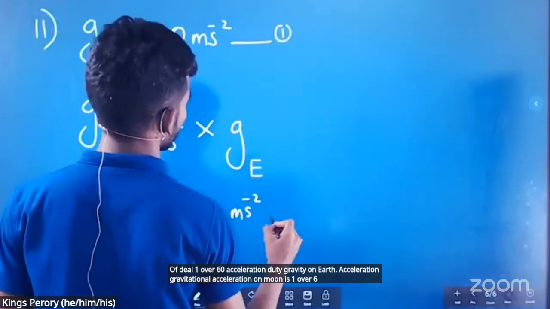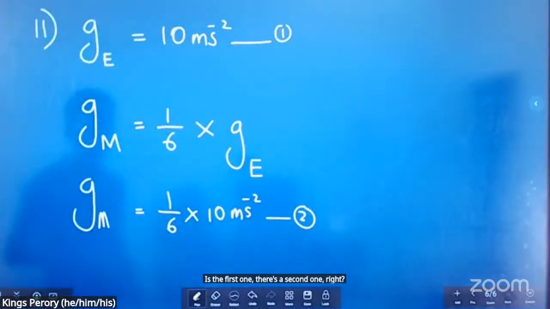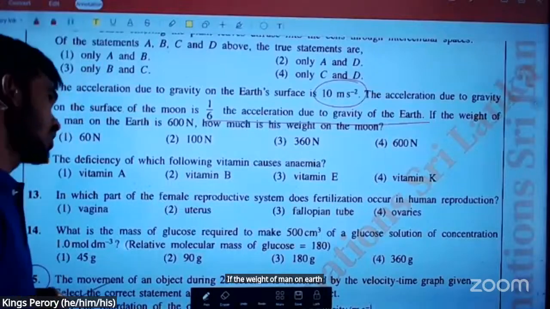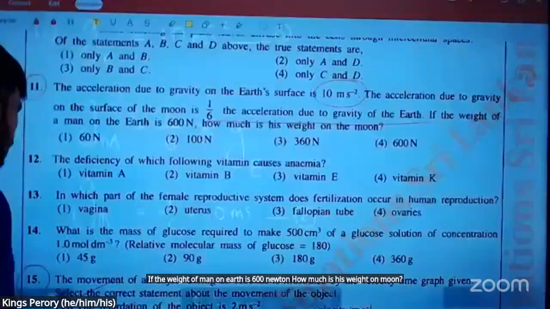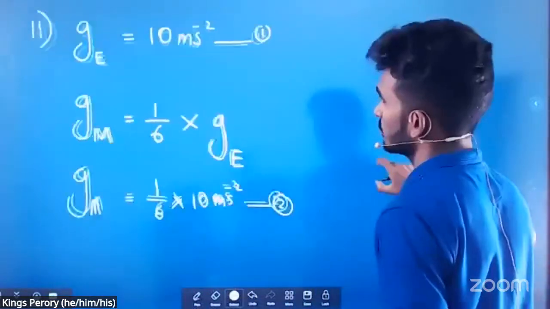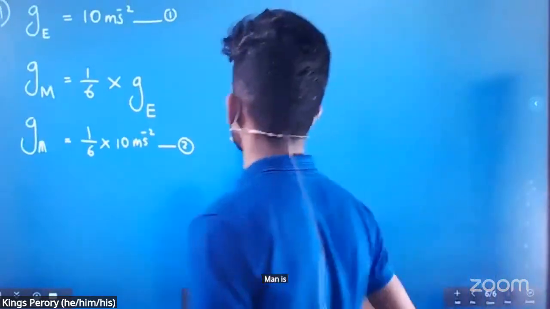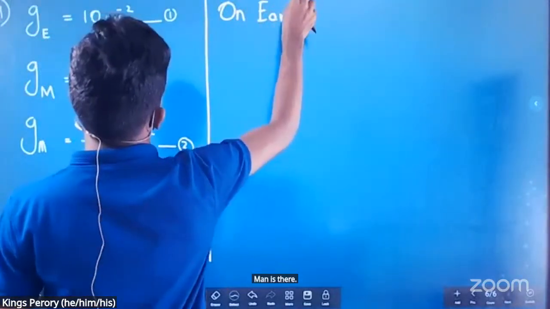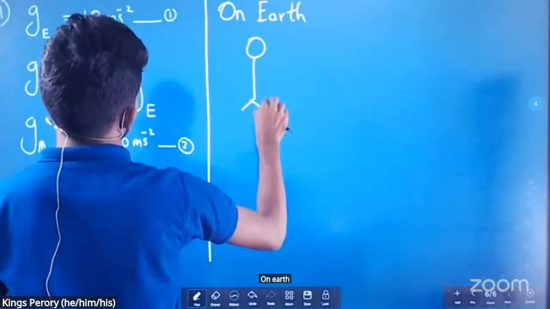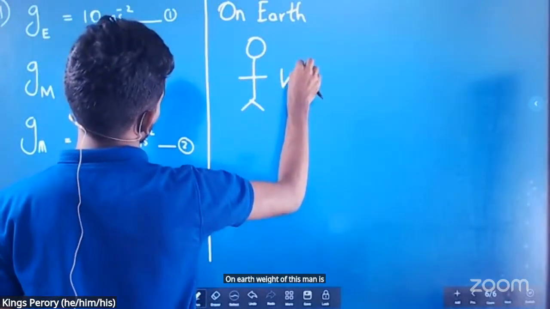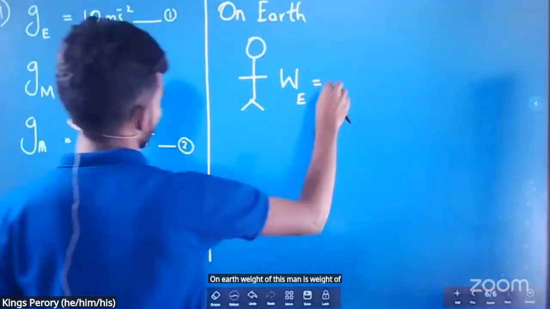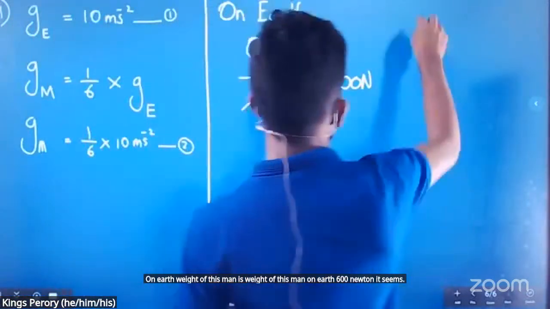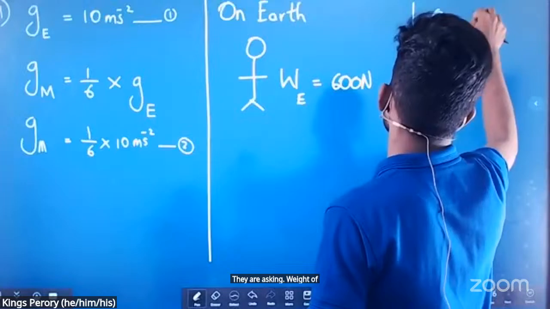This is the first one, this is the second one, right? G values are given. If the weight of a man on Earth is 600 Newton, how much is his weight on the Moon?